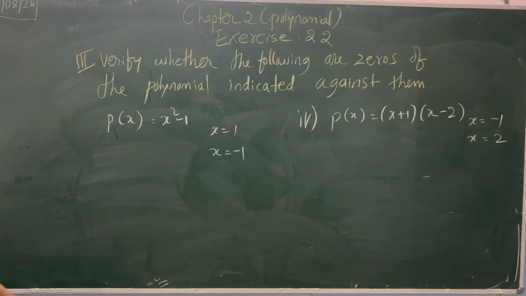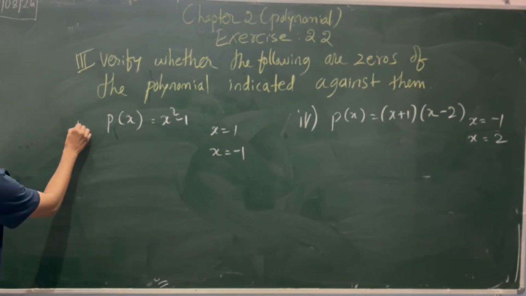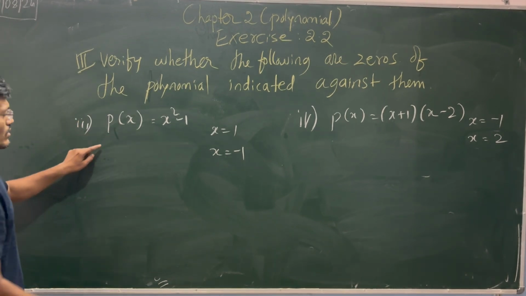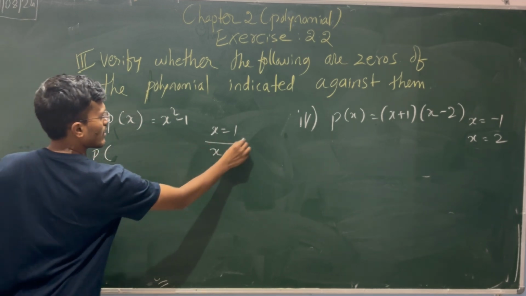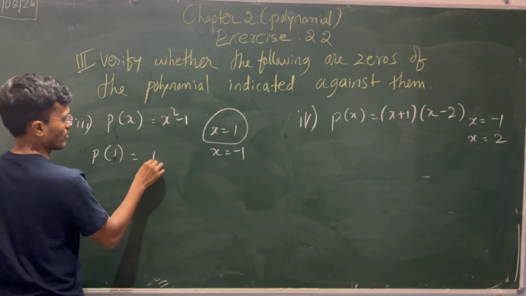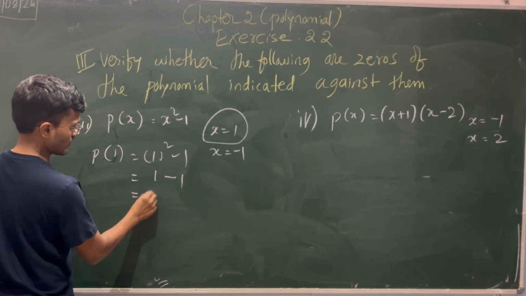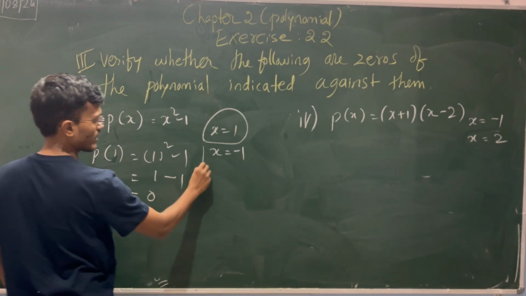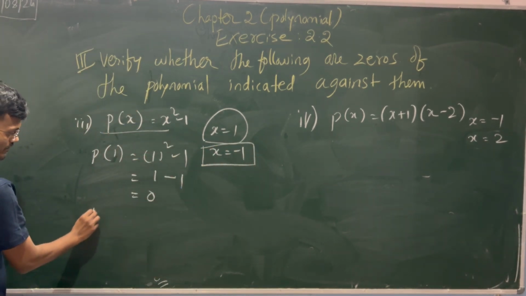So now we will move on to another question, question number 3. Now for p of x, first we need to take x, 1 square minus 1 minus 1 is equal to 0. Then put x equal to minus 1 in this polynomial.